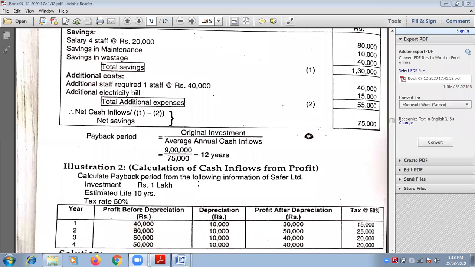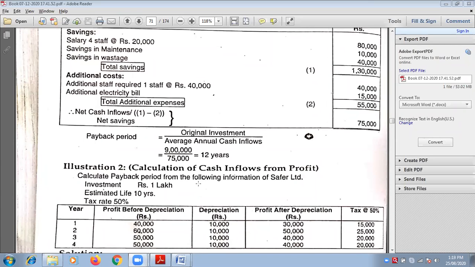So calculate ARR when investment is given as rupees 1 lakh. This is the cost of investment, which is 1 lakh. Estimated life 10 years. Tax rate is 50%. The profit for 4 years is given. They have already given the amount of depreciation in the question, and they have also deducted the depreciation and made available to you the profit after depreciation, or we can say profit before tax.